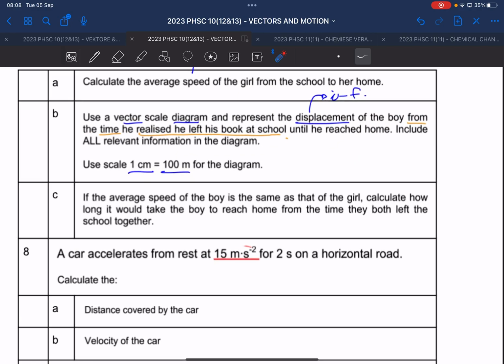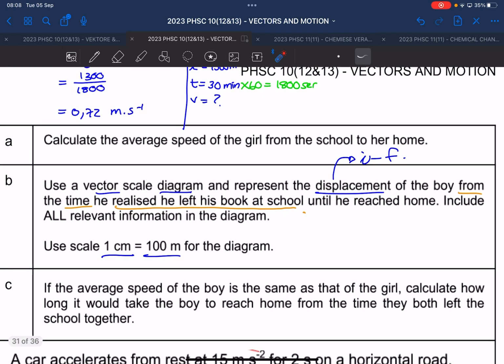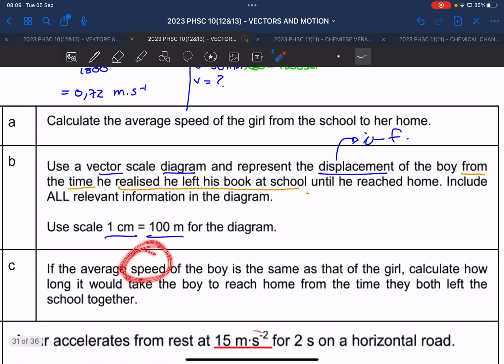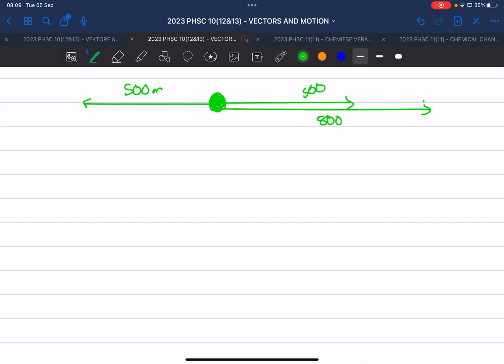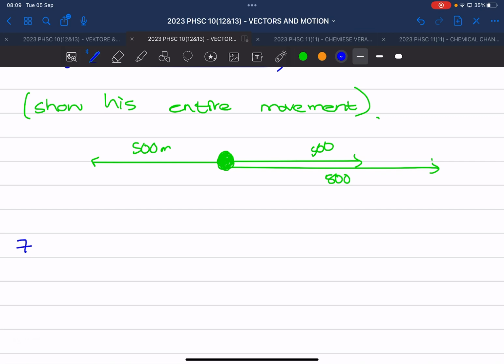Right. Then they asked if the average speed of the boy is the same as that of the girl. Okay, so we got it as 0.72. Calculate how long it will take the boy to reach home from the time they both left the school together. Okay, so speed is a scalar. So we have 7.7c. They asked for speed, which is a scalar that is linked to the distance that he traveled.